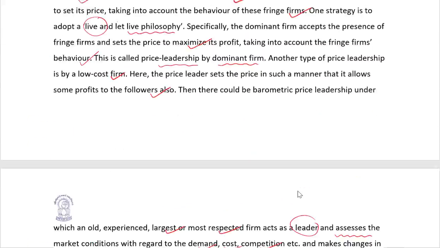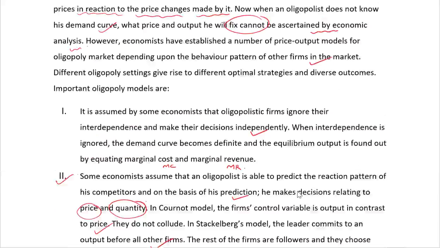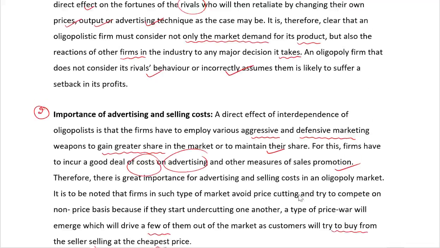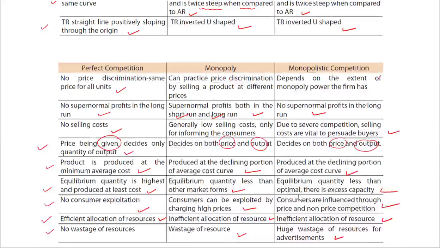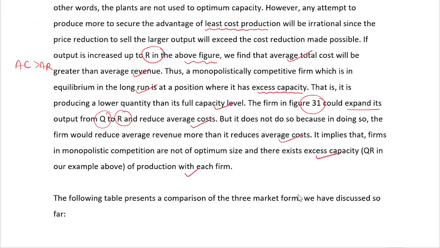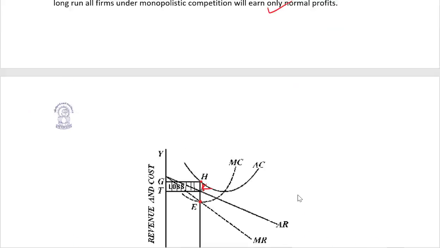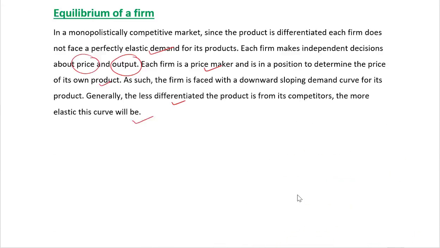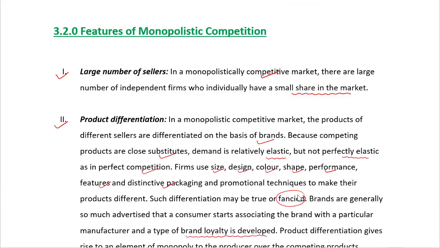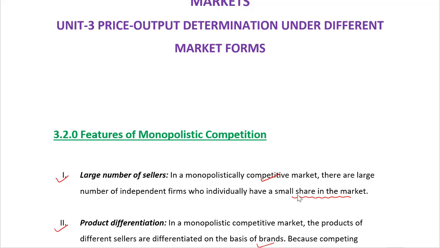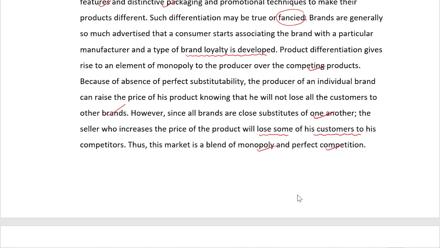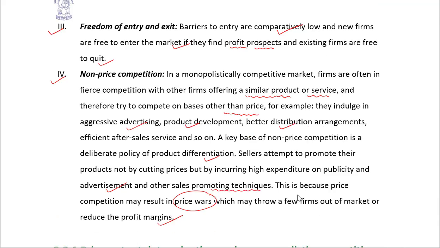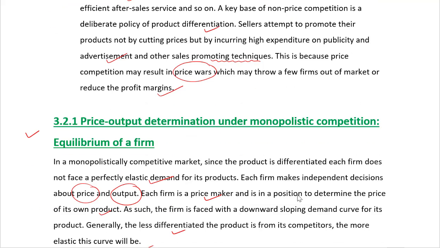So what we have done in today's class, let us take a quick revision. We had seen the features of the monopolistic market: large number of sellers, differentiated products, freedom of entry and exit, and non-price competition.